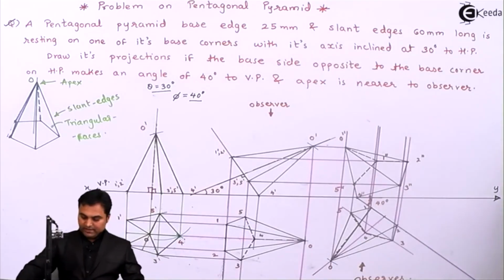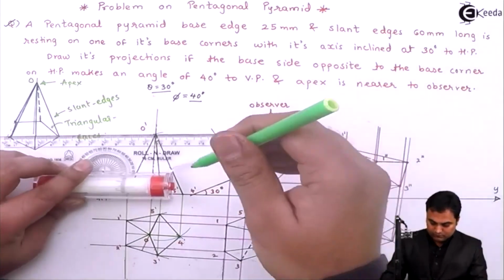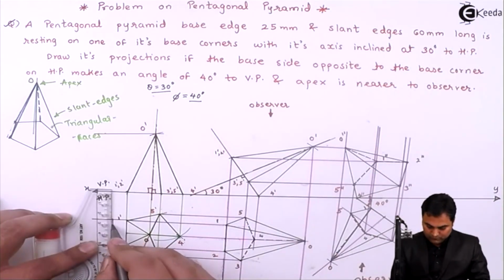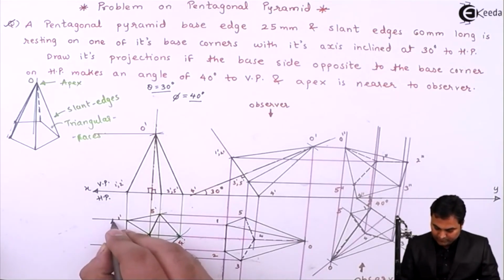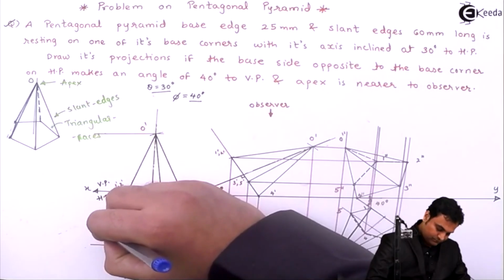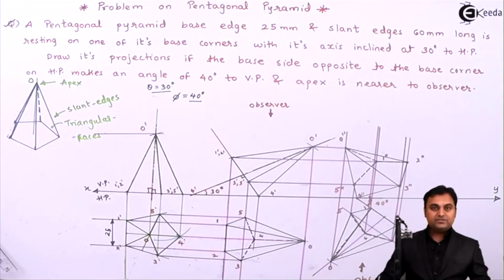And next I'll give the dimensioning to it. Base edge is 25 mm long, and the height is, here the slant edge is given.